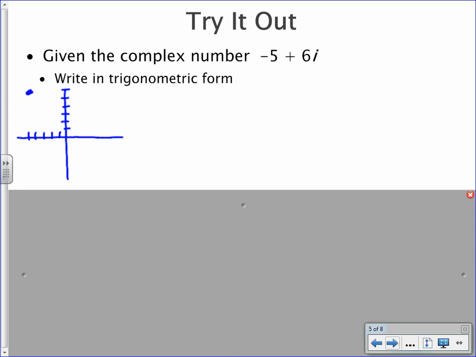To write our number in trig form, we want r cosine theta and r sine theta. So we need to know what our distance from 0 is, and we need to know what our angle is. So I'm going to go ahead and draw our triangle here.